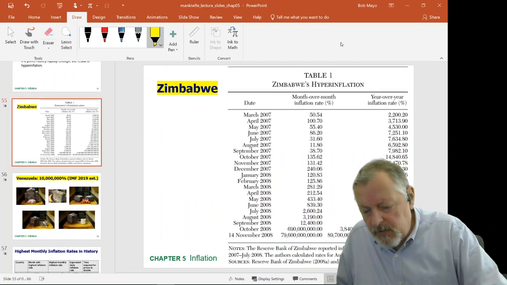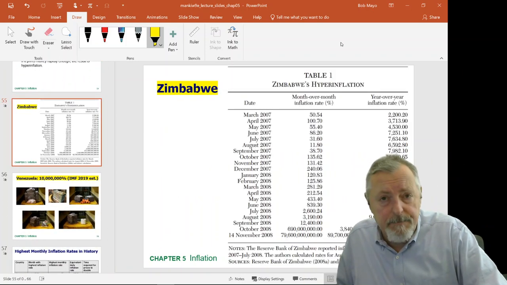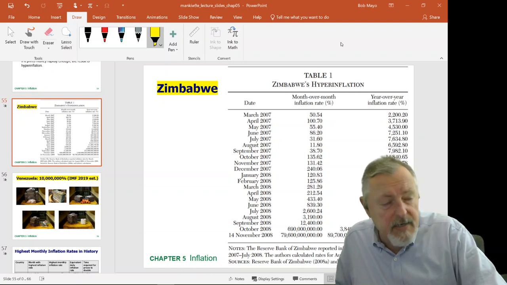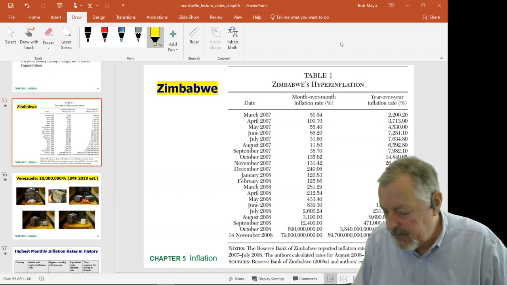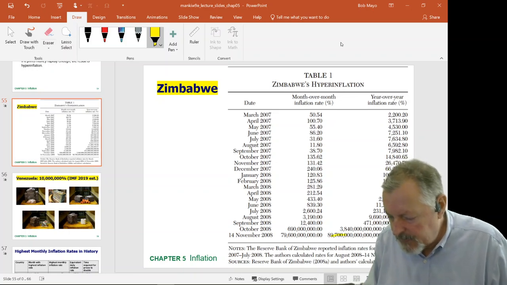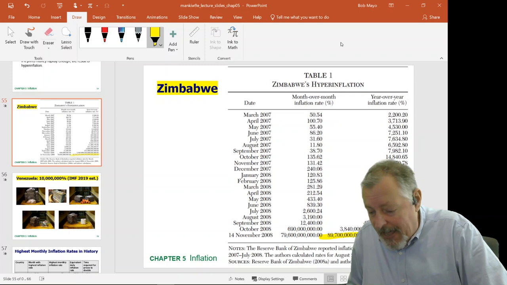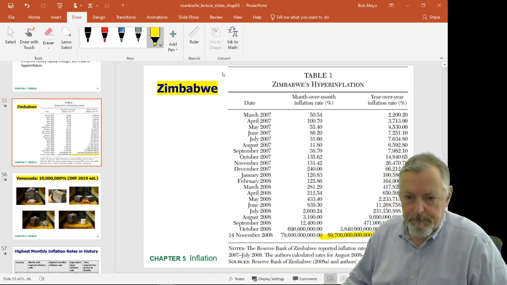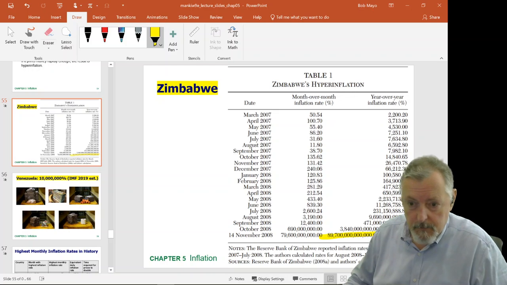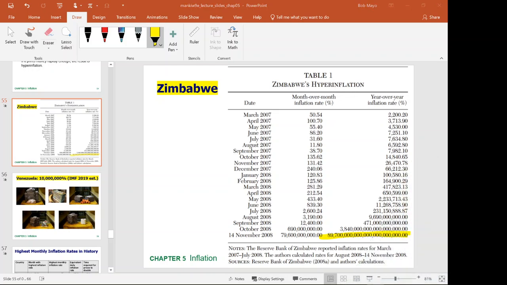The classic example of this was Zimbabwe in the 1990s, early 2000s. You can see the yearly inflation rate. It topped out at that much per year. 89.7 and then just an insane number of zeros.